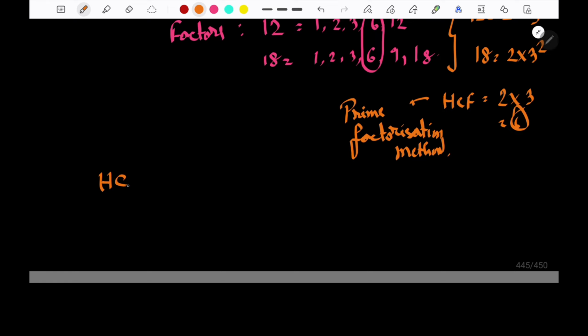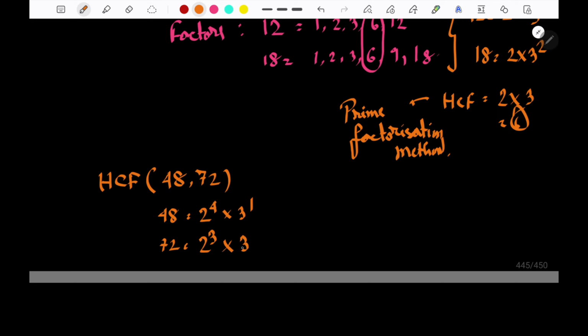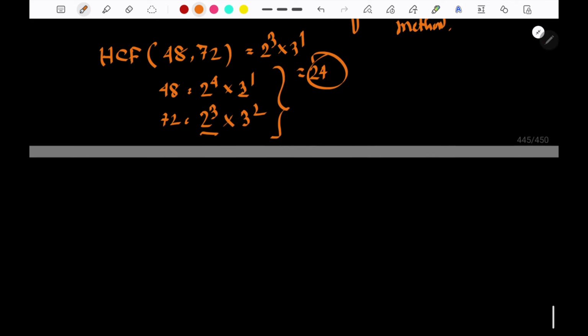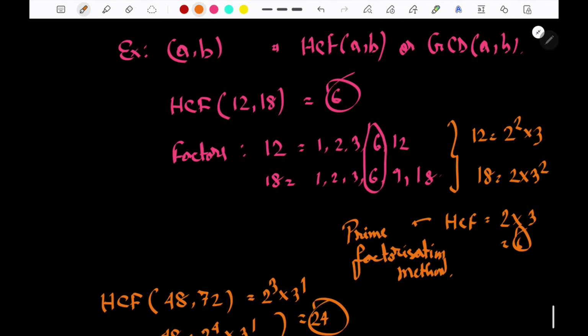If I ask you HCF of 48, 72. 48 is equal to 8 into 6, that is 16 into 3, 2 to the power 4 into 3 to the power 1. 72 is 4 into 18, that is 2 cube into 3 square. So HCF takes the lowest powers, 2 cube and 3 to the power 1. So this will be 24. So HCF is 24.